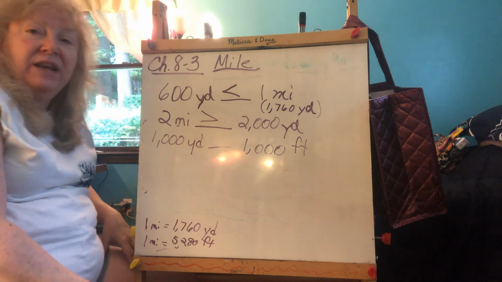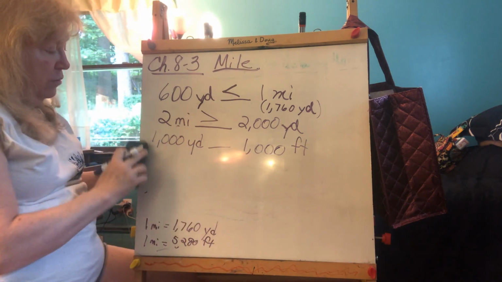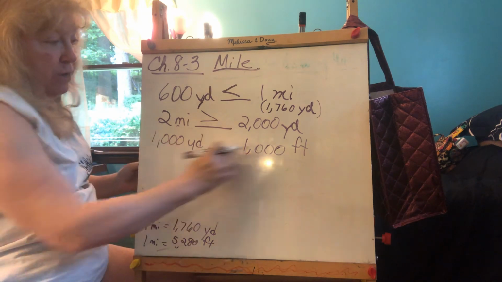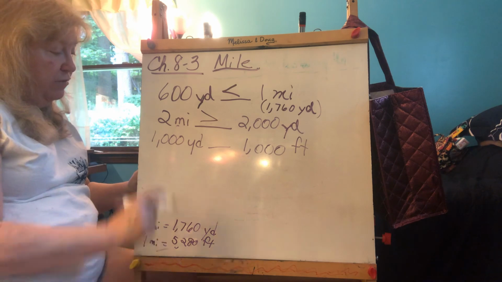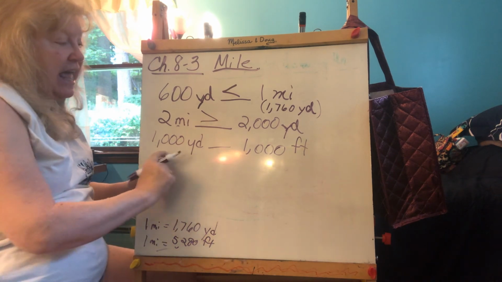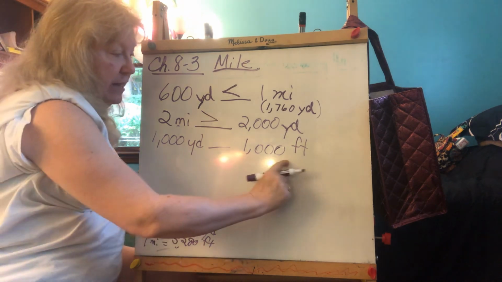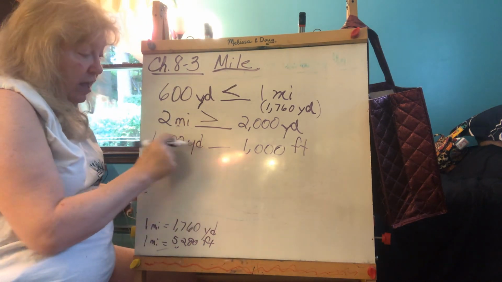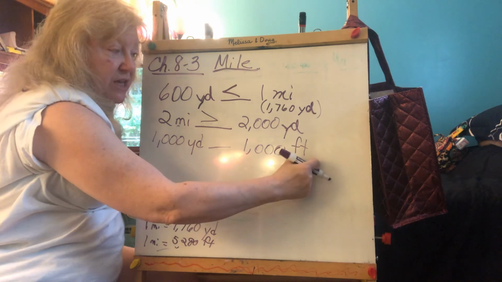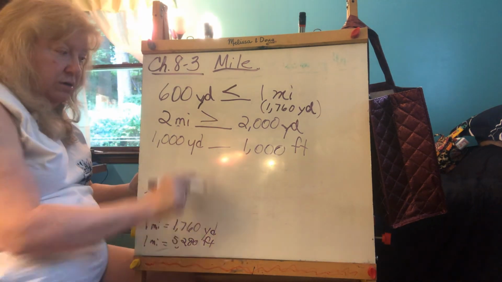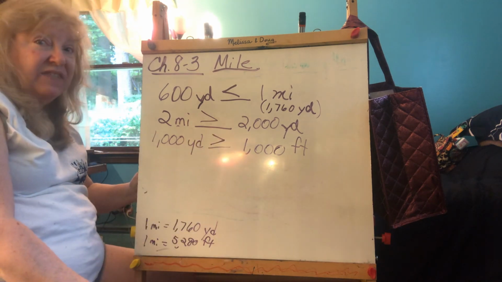Well, I don't even have to convert, even though I know my yards are bigger than feet. I don't have to do the conversion, and the reason I don't is because we have the same number. If I have 1,000 of these, or I have 1,000 of these, which one's longer? 1,000 yards, right? Because yards are bigger, and I have the same number.